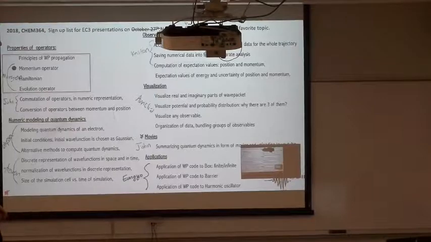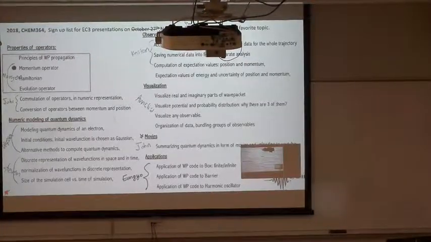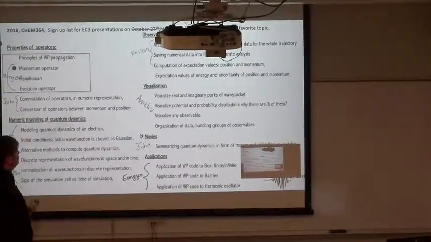Commutation of operators in numeric representation. Okay, so now it's about 5, and I'll try to be quick. So go along the list for John.